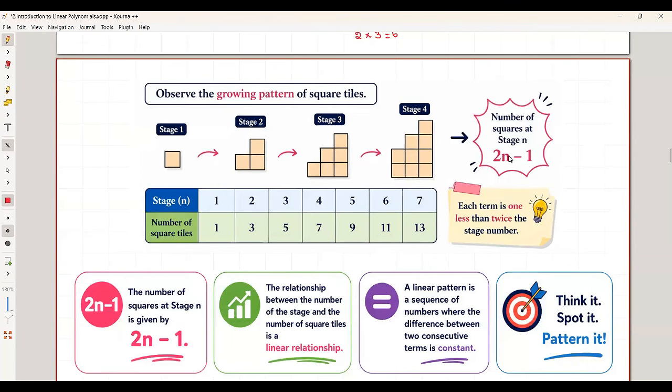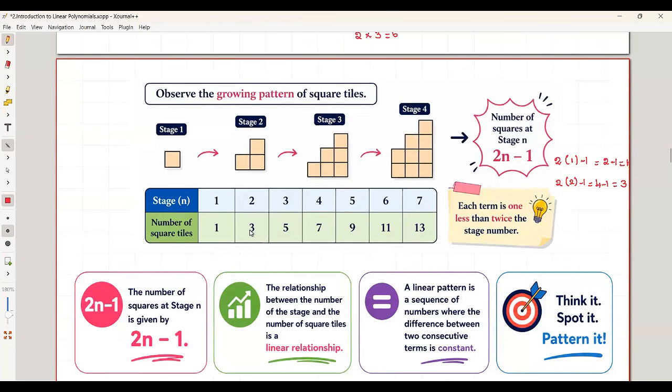In case n is equal to 1, in the formula 2n minus 1, if you take n is equal to 1, you'll get 2 into 1 minus 1 is equal to 2 minus 1 is equal to 1. You are getting the number of squares in the first stage. If n is equal to 2, 2 into 2 minus 1, 2 2s are 4 minus 1 is equal to 3.